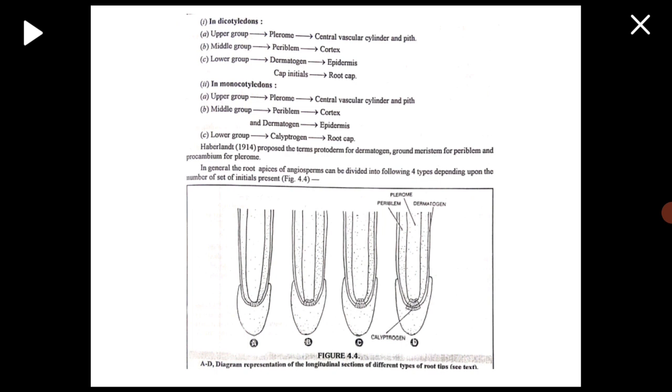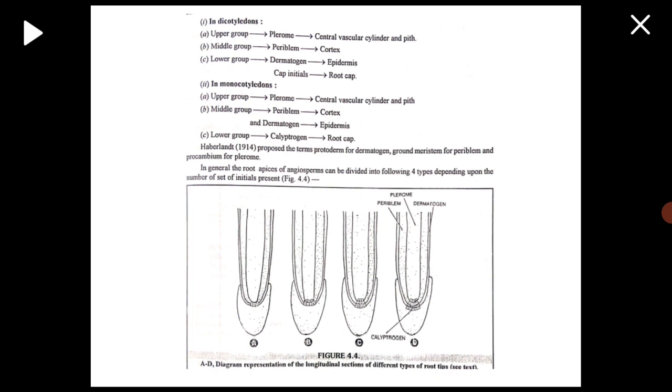Generally, the root apices of angiosperms can be divided into the following four types depending upon the number of sets of initials present. Single row of initials: in this, all four parts, that is root cap, dermatogen, periblem, and plerome, arise from a single row of initials.